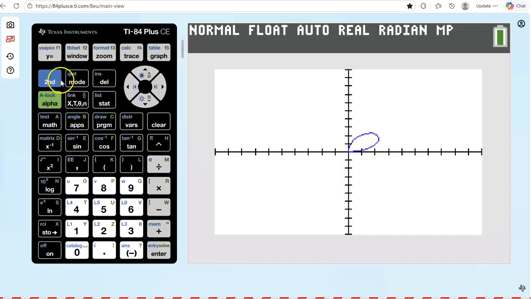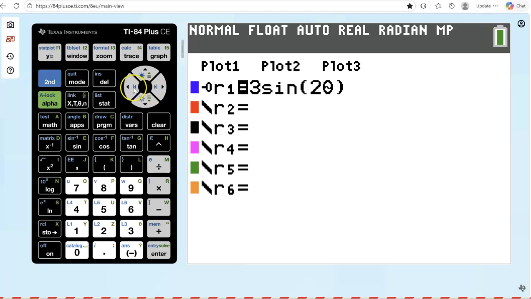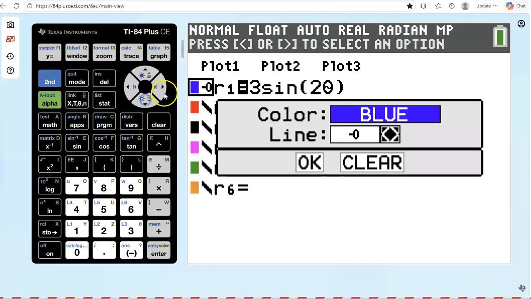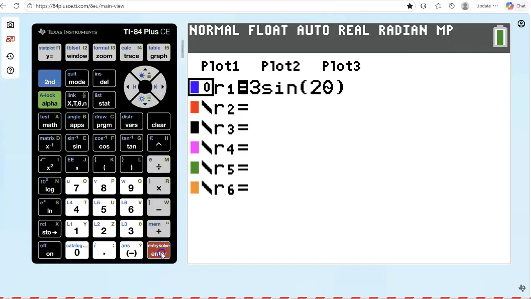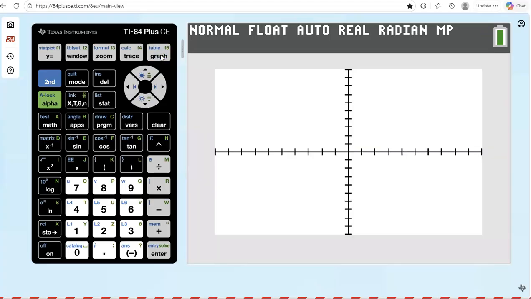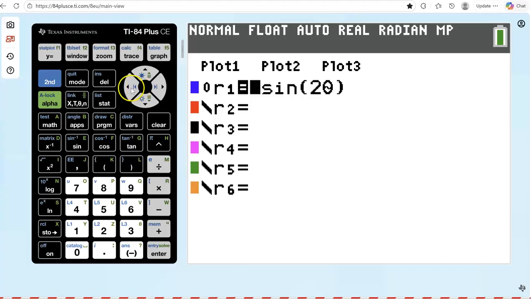I may have a difficult time doing this on the computer because it's a little bit more powerful than a handheld calculator. Let's try that one. See if that does it. Yeah, it's just going so fast that it's having a hard time.